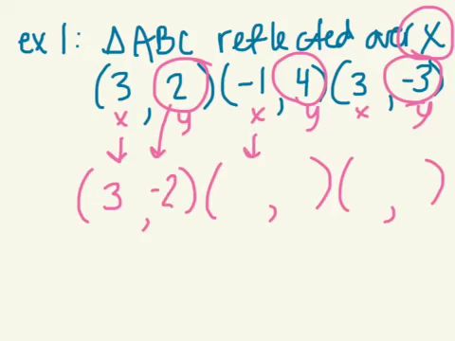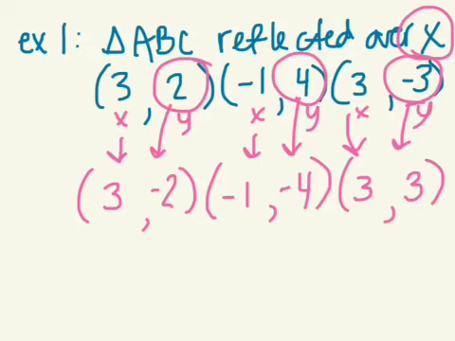My x stays the same. My y is going to go from 4 to -4. My x stays the same. And my y is going to go from being -3 to +3. It changes its sign. So I went from having (3, 2), (-1, 4), (3, -3), to (3, -2), (-1, -4), (3, 3).